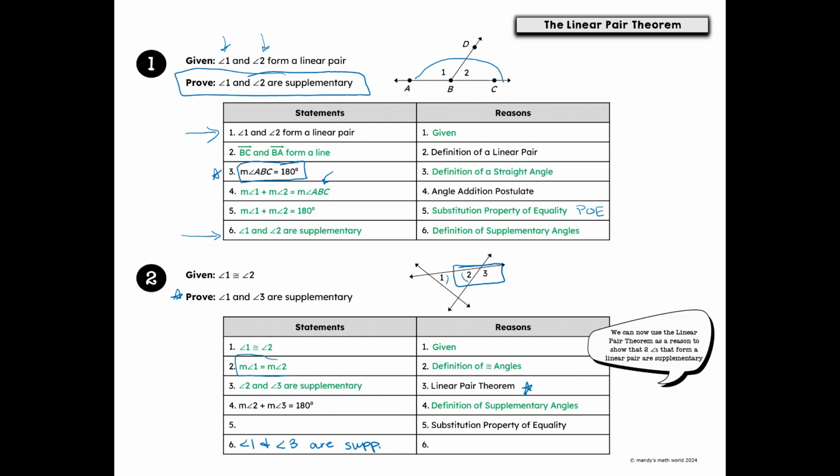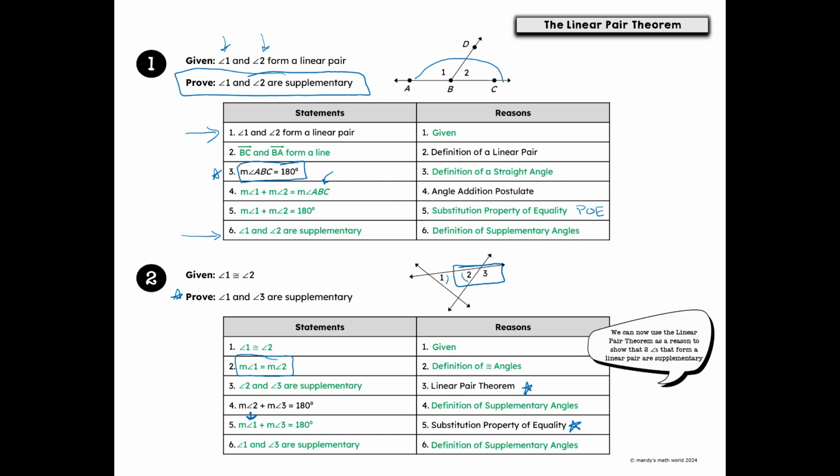Look what I've established up here: the measure of angle 1 equals the measure of angle 2. So can I replace the measure of angle 2 with the measure of angle 1? Sure, I can do that using the substitution property of equality. Then, let's erase this. I get that angle 1 and angle 3 are supplementary by the definition of congruent angles.